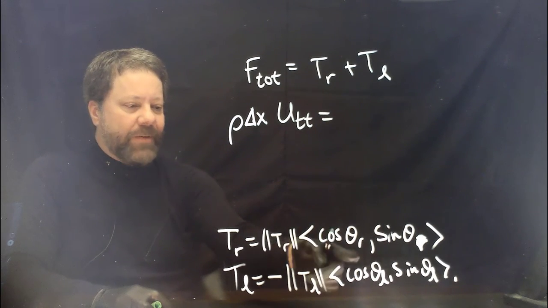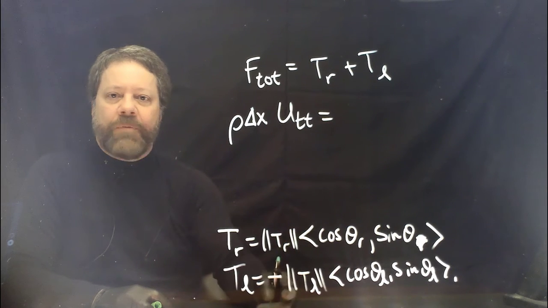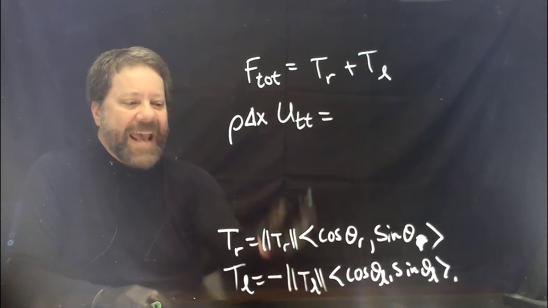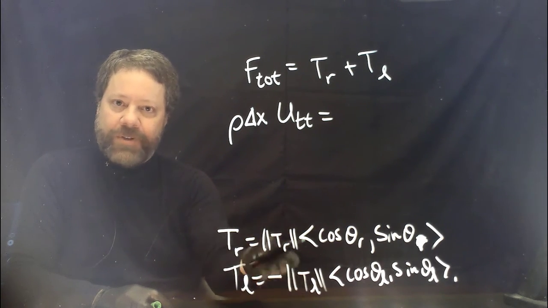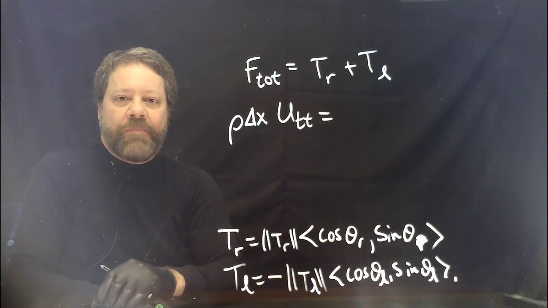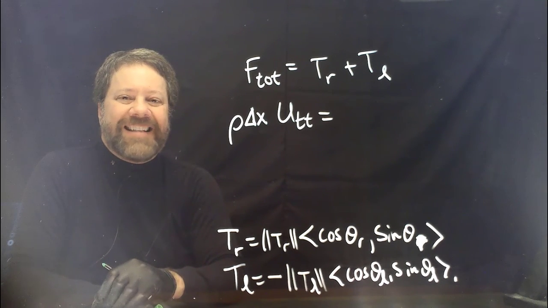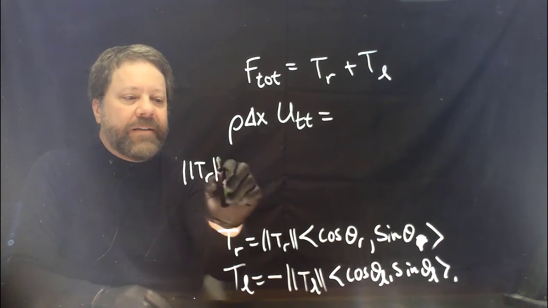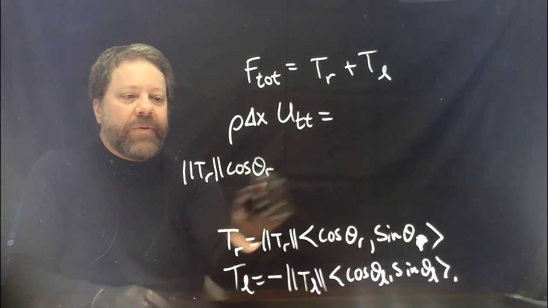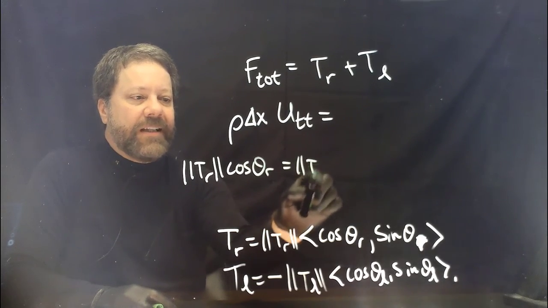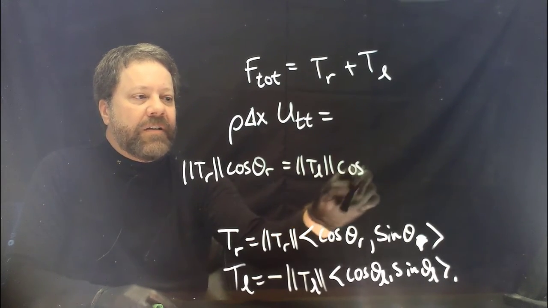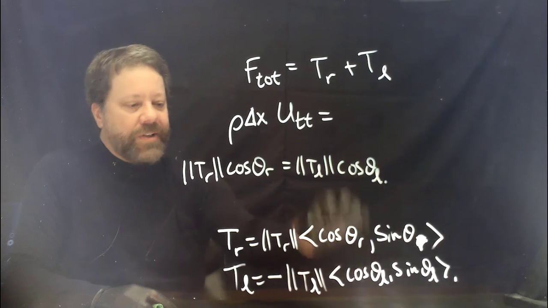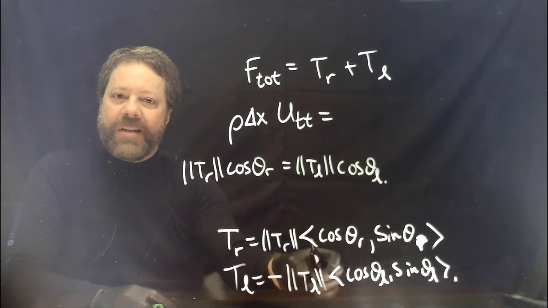Now that's going to be equal to what we have over here, and we're going to assume that when we add these two forces of tension together, the x components exactly cancel out. So we'll assume that the norm T_right cosine theta_right is equal to the norm T_left cosine theta_left, so that when we add these, the x components exactly cancel.